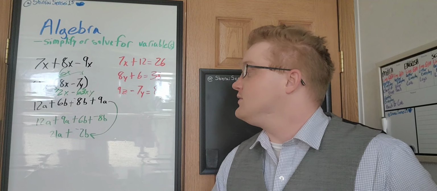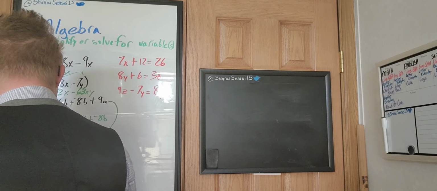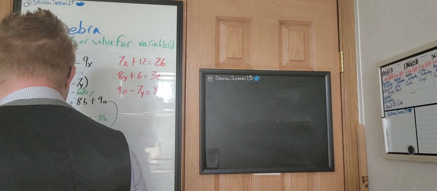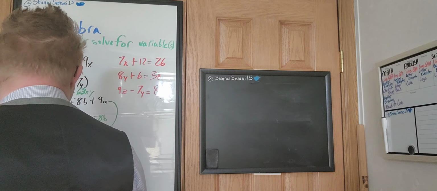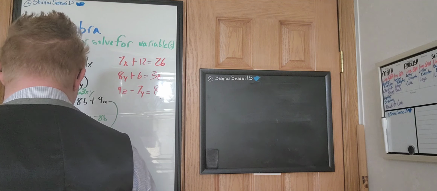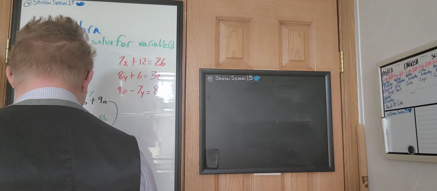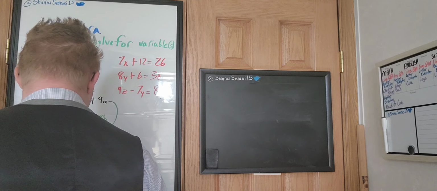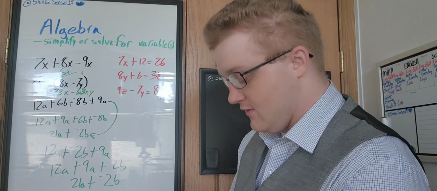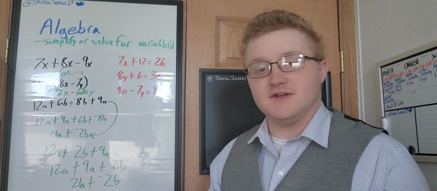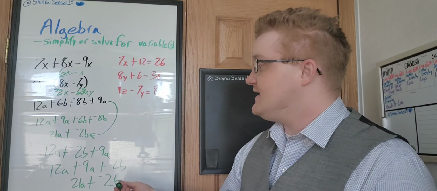Once again, yes, you could have gone another route here with 12a plus negative 2b plus 9a, and then you'd have had to reorganize it as such, and you'd still get to the same conclusion, but this is just one less step depending on the situation. It really is totally situationally dependent which is easier.